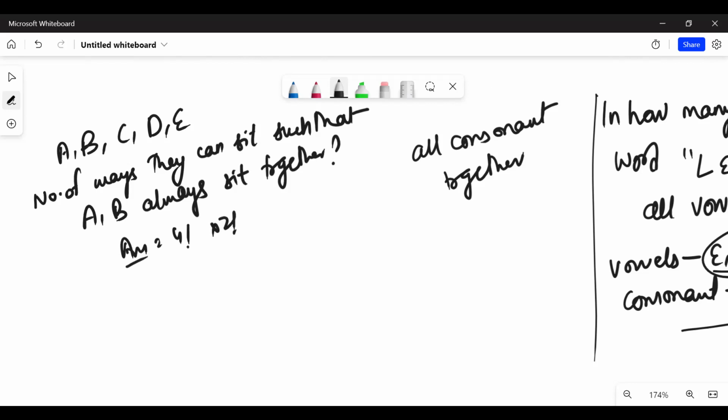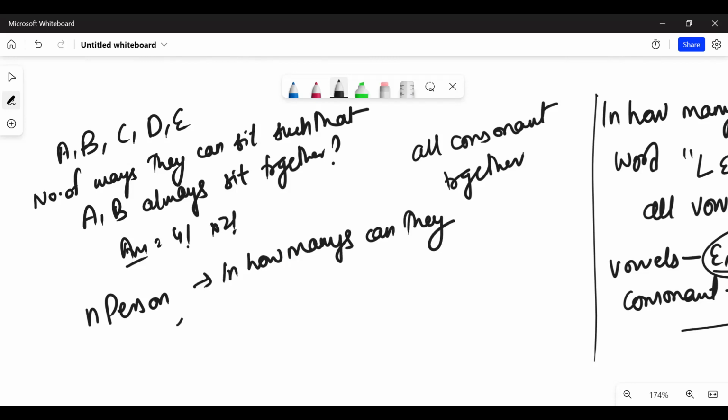Here in place of 5 persons, if I write n persons are there, in how many ways can they sit such that A and B are together, or any two particular persons are together?